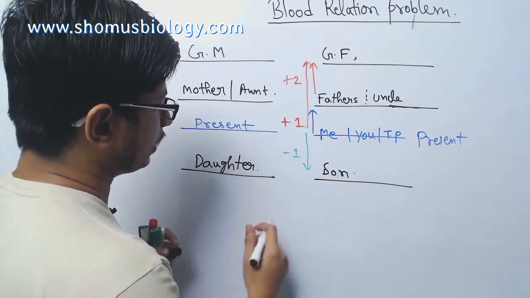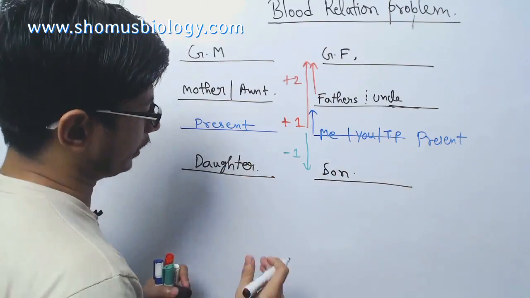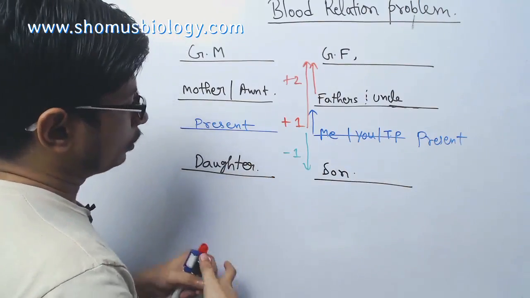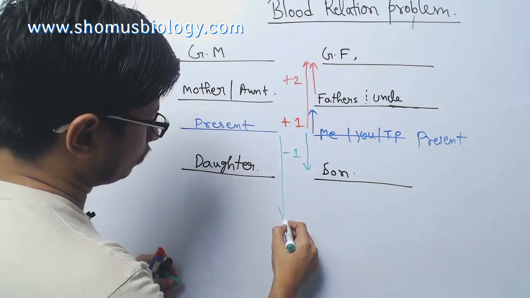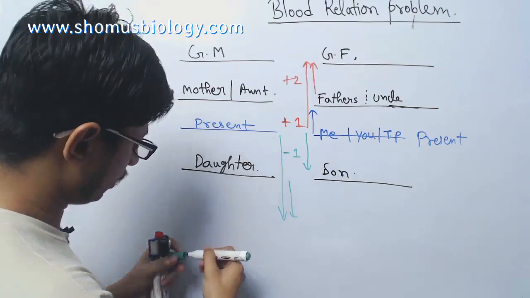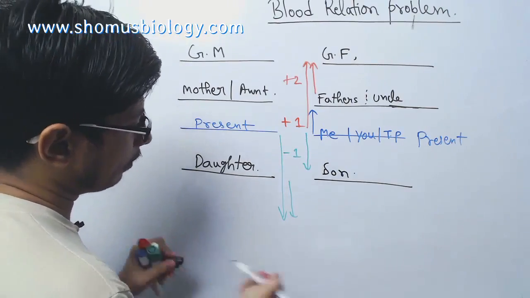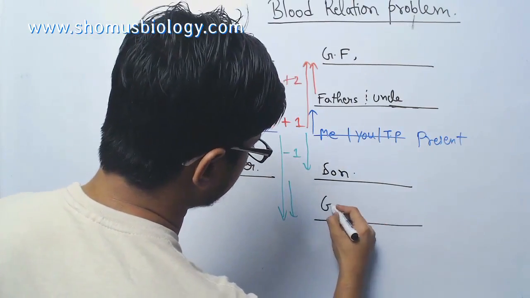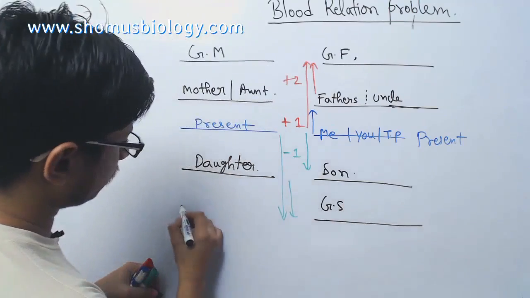Among these, the son and daughter have their brothers and sisters linked. If you go two generations down, then we will have grandson and granddaughter.